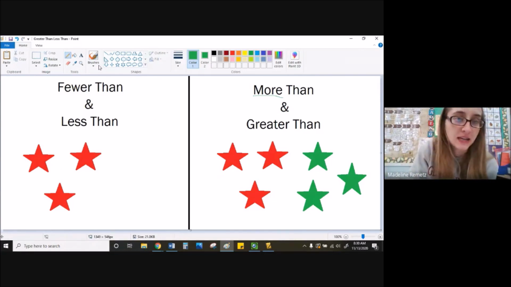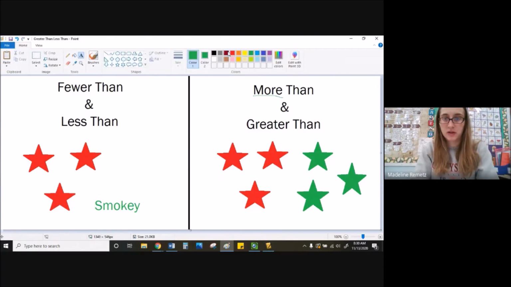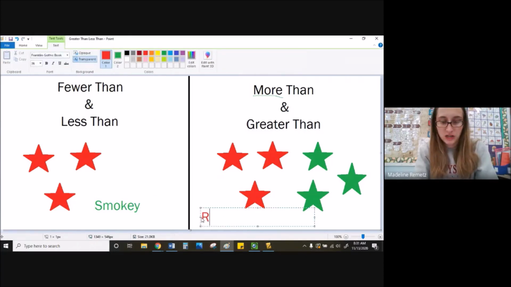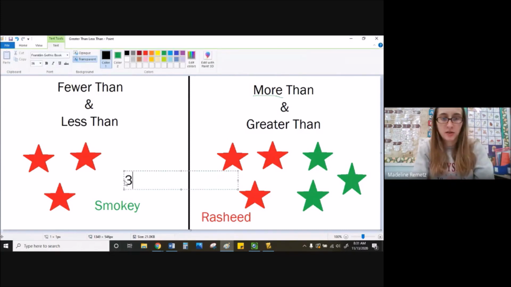So let's pretend that, let's name these people who have these stars. This is going to be Smokey. So here's Smokey, and here, I'll put it down here so that I don't hit the stars, we have Rashid, and these are his stars. So Smokey has how many stars? Smokey has 3 stars, but over here, Rashid has 6 stars.